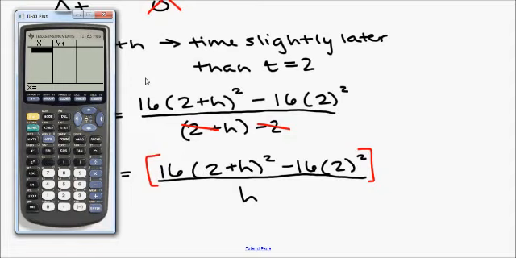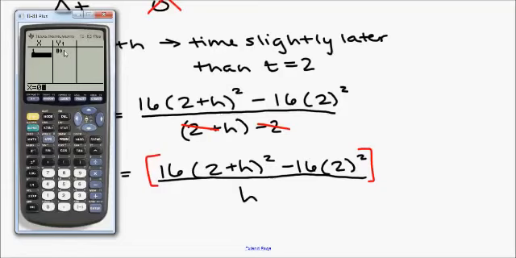And let's see what happens when I plug in 1 for x. So if it's 1 second at t equals 3, really, then our y, our speed, is 80. So at h is 1, you're going to have 80 for your speed.